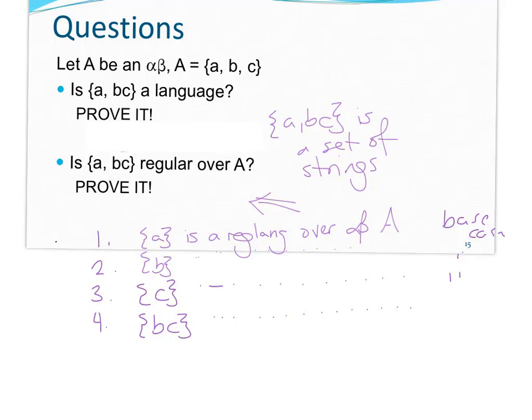Because we took line 2 and line 3, and we used the concatenation rule. And so finally, the set containing A and BC is a regular language over the alphabet because we combined line 1 and line 4 and we used the union rule.